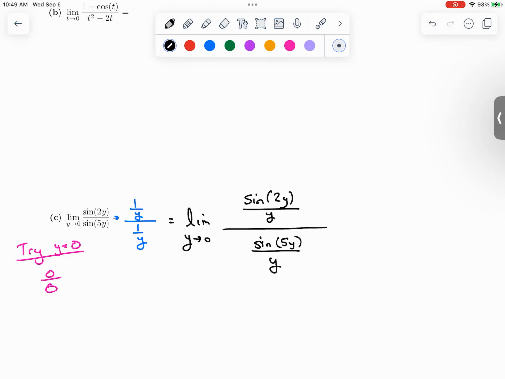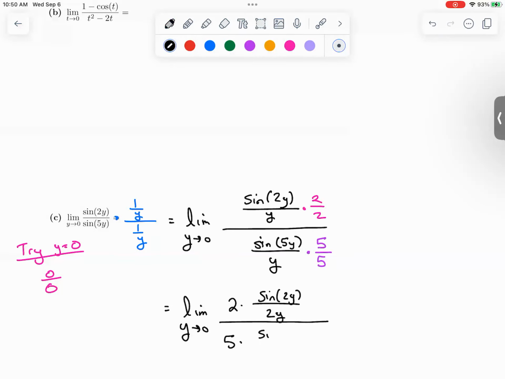So we're going to do what we did in that first problem. We're going to cleverly multiply by 1 again. Multiply by 2 over 2 in the numerator and multiply by 5 over 5 in the denominator. Because if we do that, we get the limit as y approaches 0 of 2 times sine of 2y over 2y, all over 5 times sine of 5y over 5y.